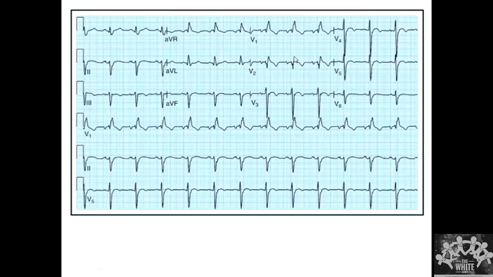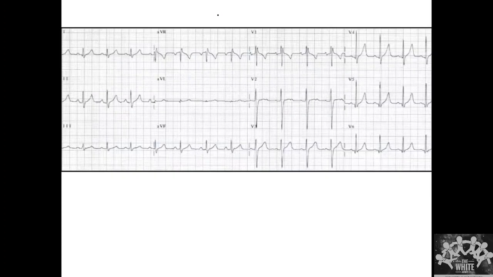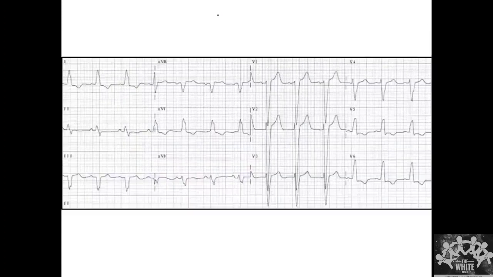If there is something that we are not able to understand, we'll go through it again, no problem. Yeah, good, AVR is positive. That is because the P wave is negative there. Correct, very good observation. That will still hold good.